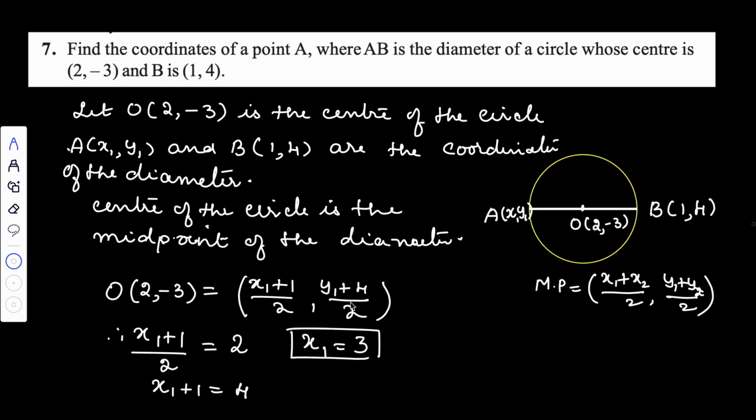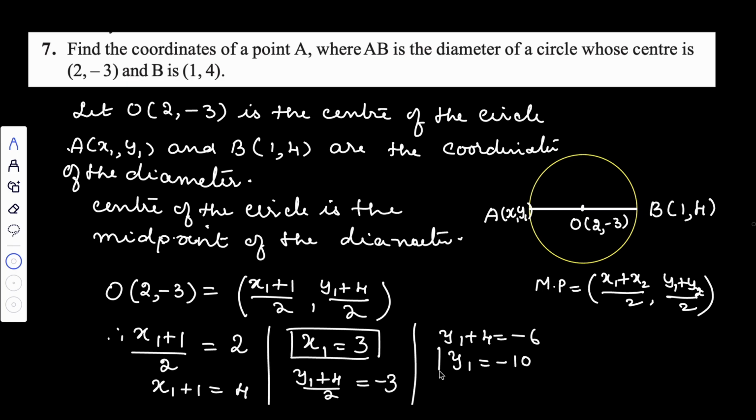Same thing, we have to make the y coordinate equal, that is (y1 plus 4) by 2 is equal to minus 3. So doing cross multiplication, y1 plus 4 is equal to minus 6. So y1 is equal to minus 6 minus 4, which is minus 10. Therefore, the coordinates of A are (3, minus 10).